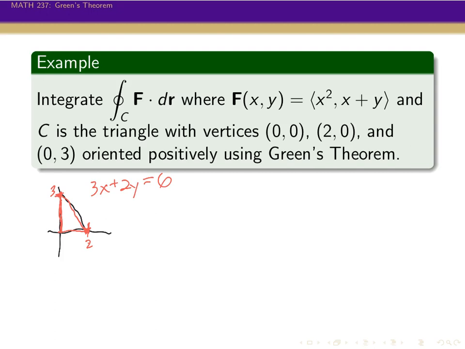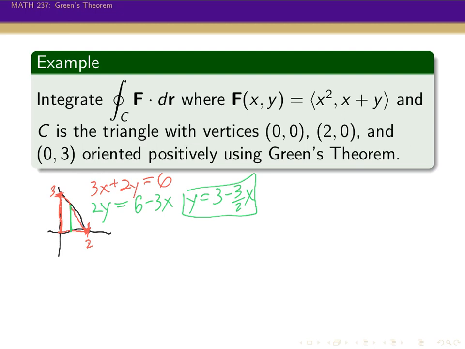And so if we're going to integrate in terms of y first, I need to solve for y. So 2y is equal to 6 minus 3x, and so y is equal to 3 minus 3 halves x. Okay, so that's good for the top.